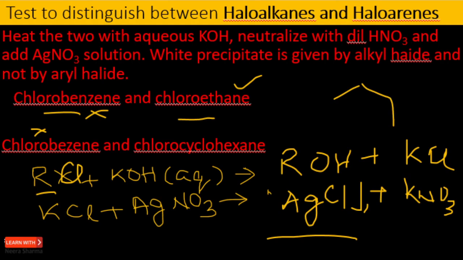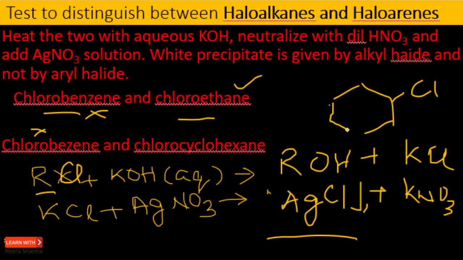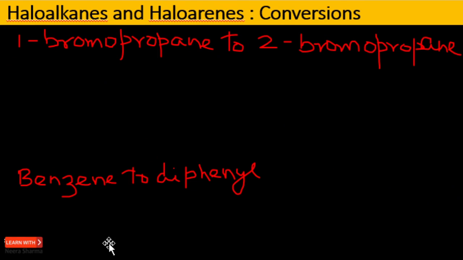This is cyclohexane, and the chlorine is attached to it. This is an alkyl halide, so this will show a precipitate with KOH and AgNO3. So you should be able to distinguish between the two.